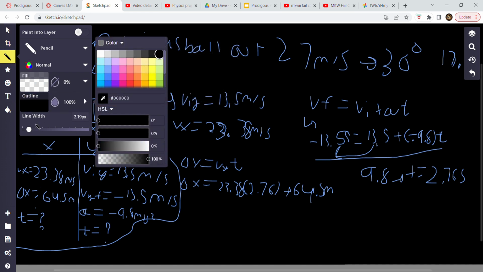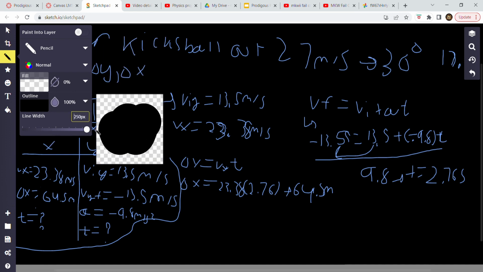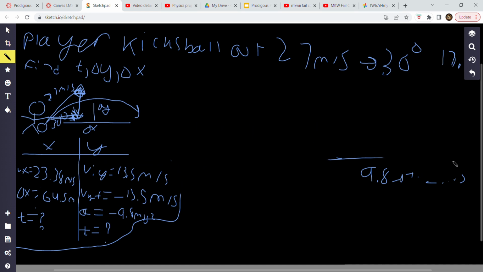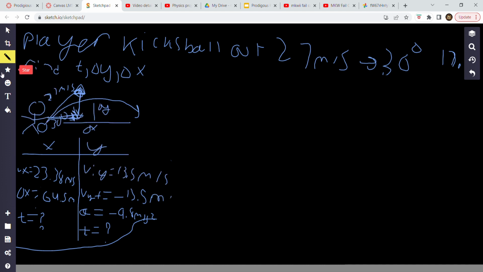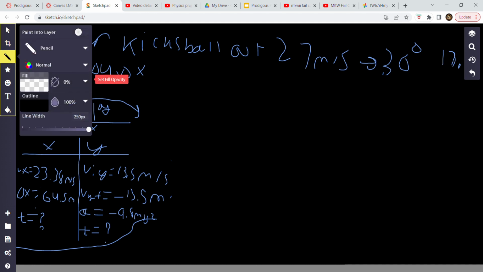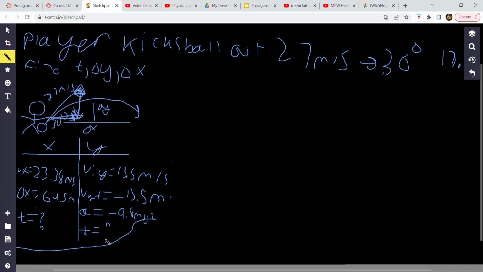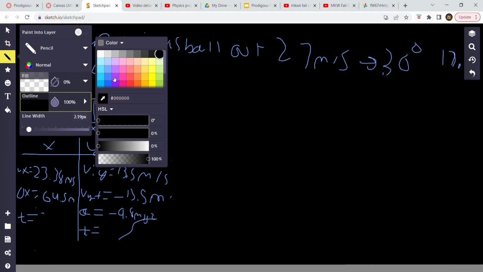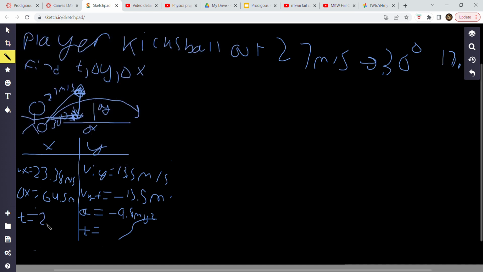We're going to set this pretty big. It's a little bit hard, not used to this software, but we're adapting. And we know that the time is 2.76 s.